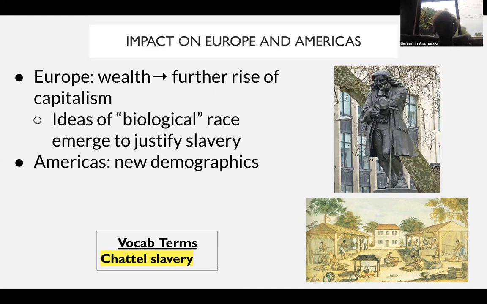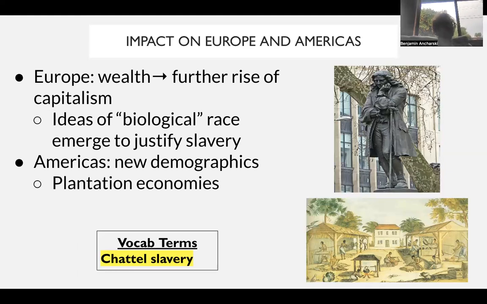But the impact of the transatlantic slave trade is not only going to be felt in the minds of Europeans, but also in the Americas as well. As we explored more with the Columbian exchange, we saw the transportation of new groups of people into the New World, Europeans, but also, of course, Africans.